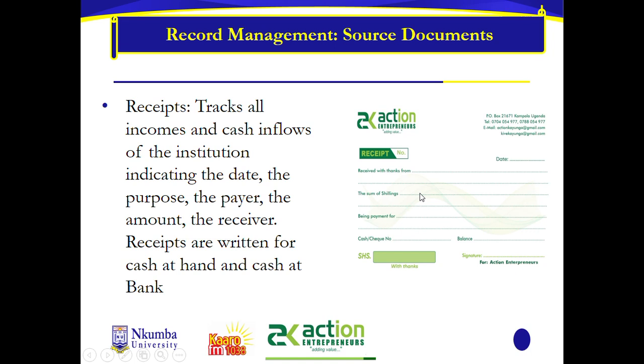If it is for uniform, specify that it is for a uniform, not fees. If it is for socks, then it is for socks, not a tie. That purpose here will tell us which account to affect. If this purpose is not defined but the amount is there, we cannot have money. We don't know which account it belongs to.